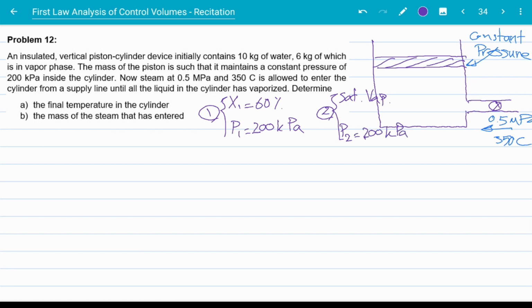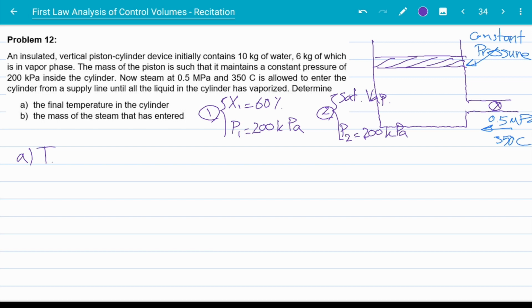So part A asks for the final temperature in the cylinder. Now, we know that at final state, we are dealing with saturated vapor. The problem states that we close the valve as soon as everything inside the cylinder has evaporated. That means the state is saturated vapor. At that state, the temperature of the steam is equal to the saturation temperature of 200 kilopascals pressure.